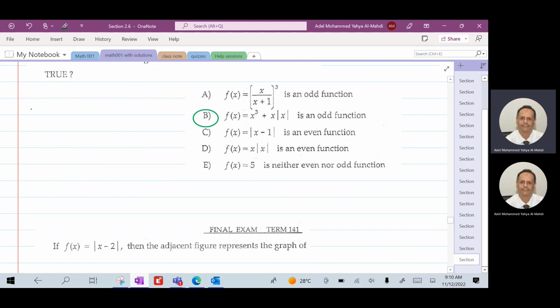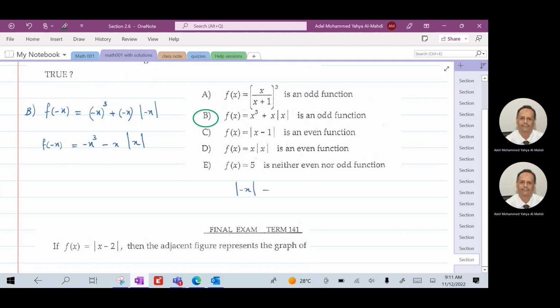So let me test the one in B. f at minus x will be minus x to the power 3 plus minus x times the absolute value of minus x. Simplify more, then f at minus x is minus x to the power 3 minus x times the absolute value of x. So keep in your mind, we use this property, the absolute value of minus x is the same as the absolute value of x.